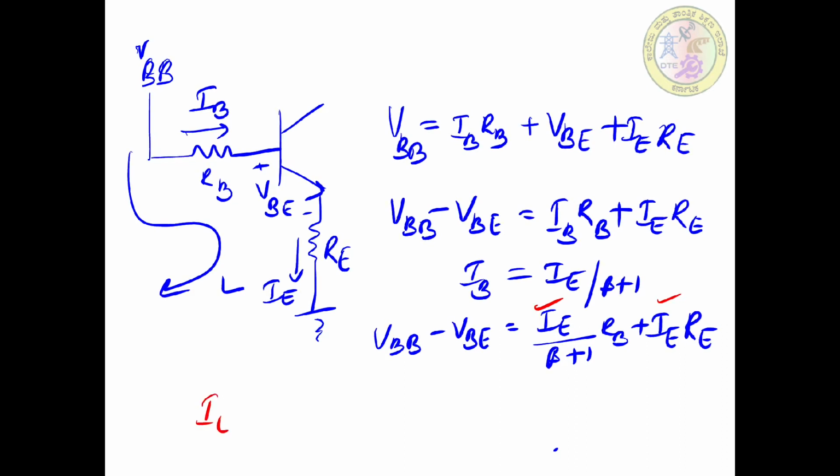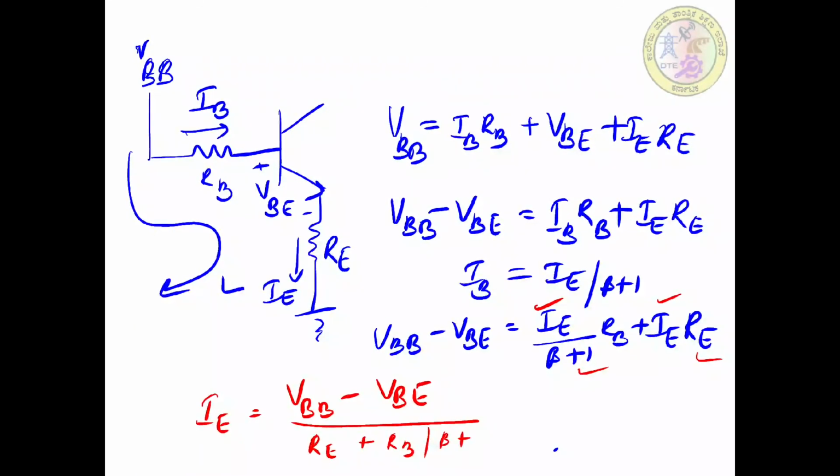So the emitter current IE will be equal to VBB minus VBE, divided by RE plus RB divided by beta plus 1.